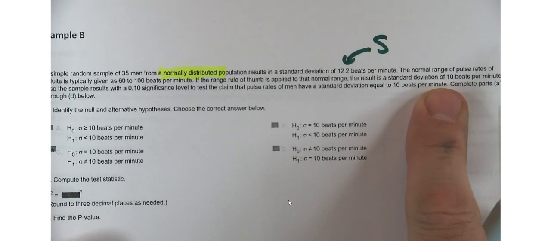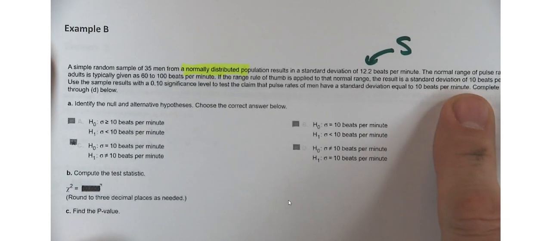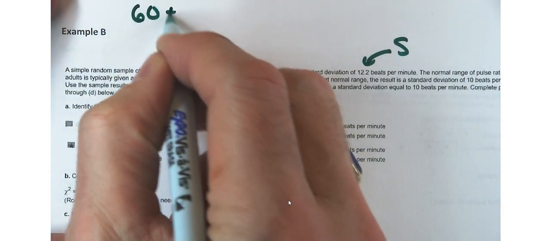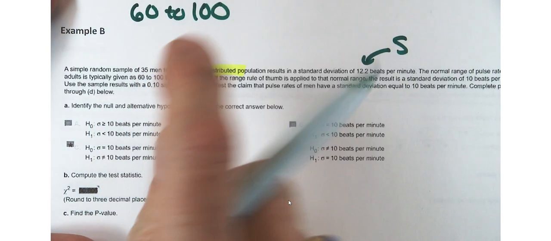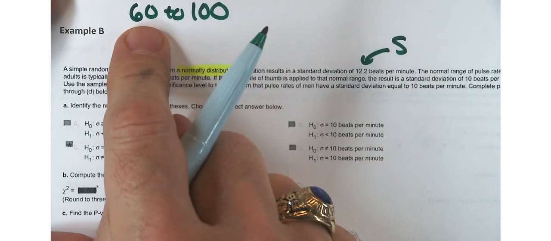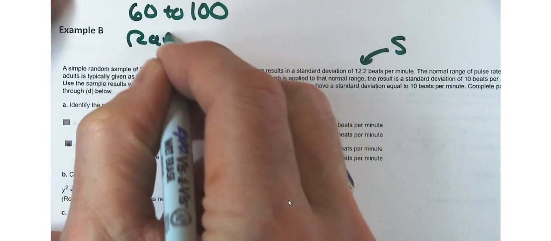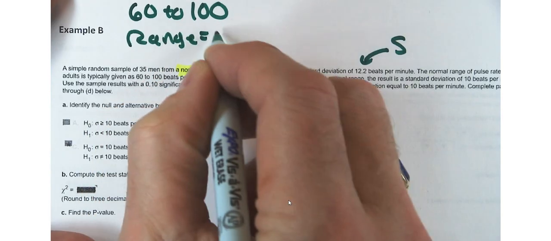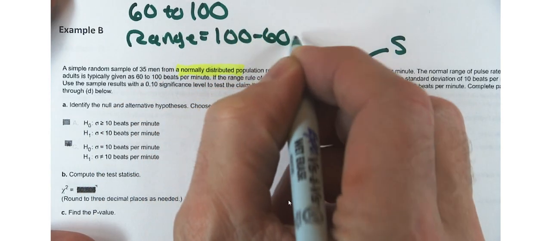The normal range of pulse rates for adults is typically given to be 60 to 100 beats. So 60 to 100, if that's the normal range, or the normal gap between top and bottom, what's the range here? Yeah, 100 minus 60 equals 40.